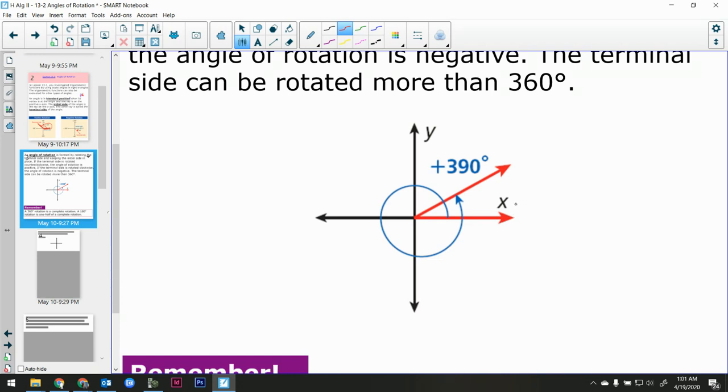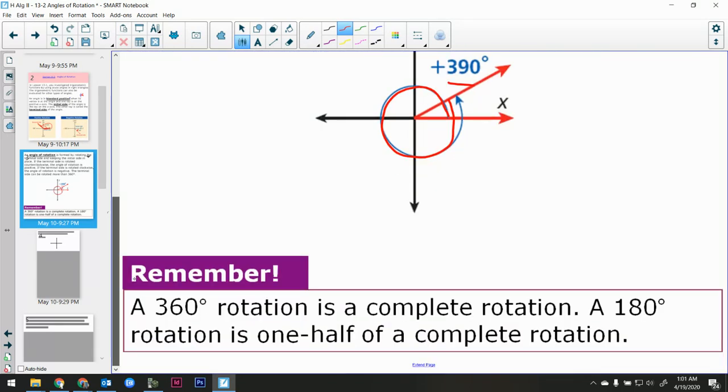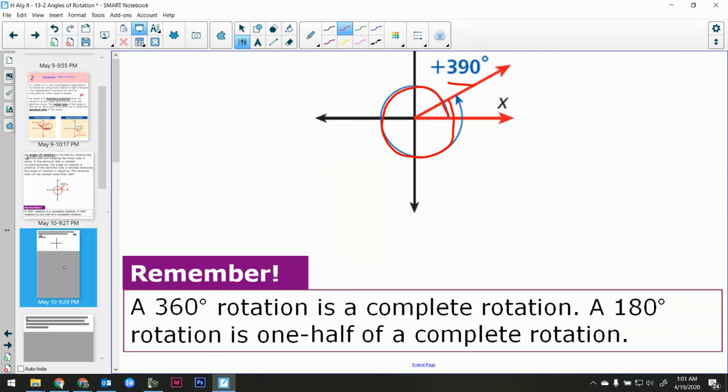I can rotate it 400 degrees or 500 degrees or 700 degrees or 8 million degrees if I really wanted to. So this is an angle of 360 plus 30. It looks like 30 degrees, but it's actually 390 degrees. It goes way past. A 360-degree rotation is a complete rotation. 180 is halfway round.